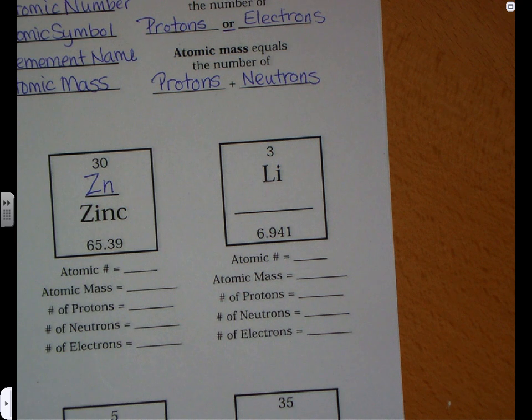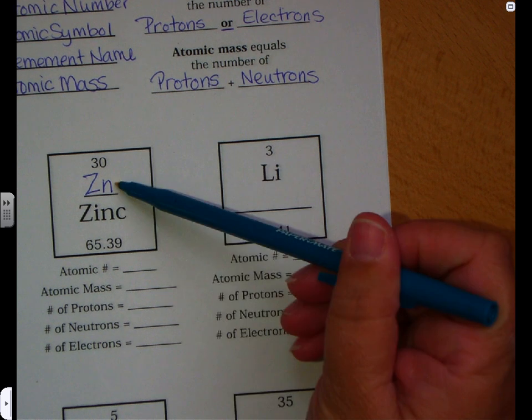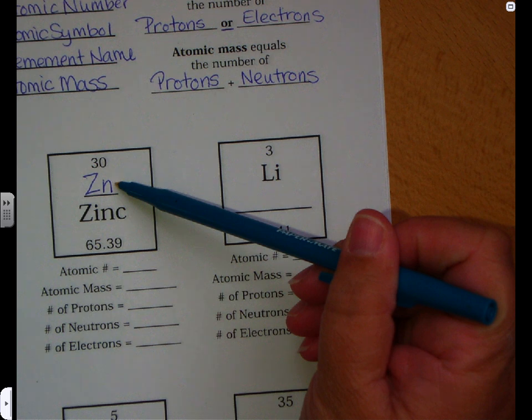So if you had capital Z and capital N, you're indicating 2 elements. So make sure that the lowercase is present in your symbol. On top of that, don't always assume that the symbol matches the name of the element, because sometimes they're named after the people who discover them.